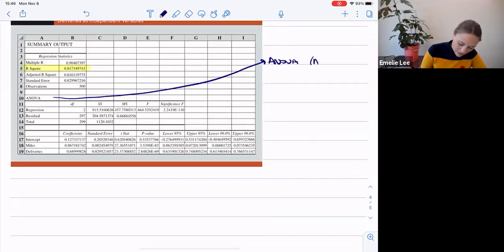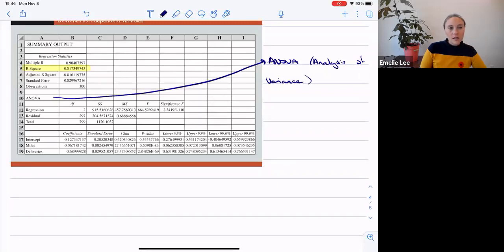ANOVA is an analysis of variance. And it's basically a gatekeeper, right?